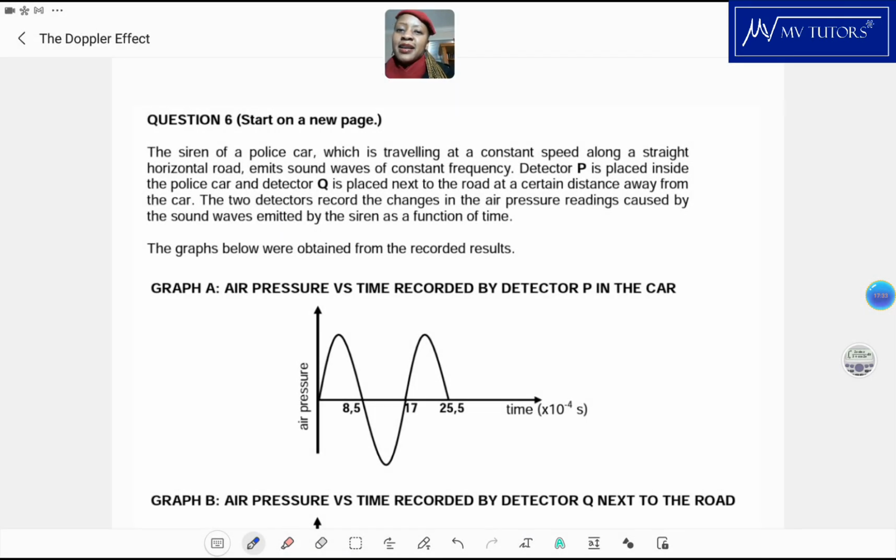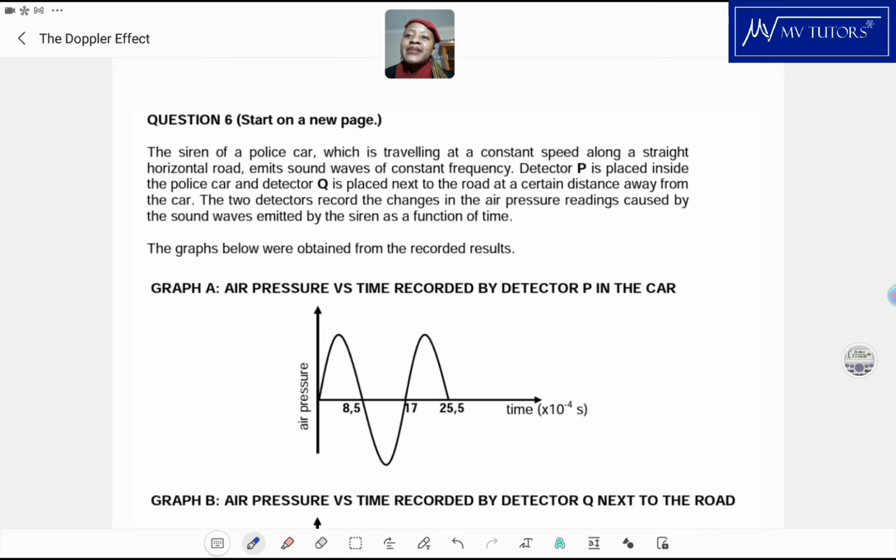All right. So both these questions, one is from 2018, one is from 2019. I forgot which is which. But it doesn't matter as long as you get the questions. All right, so the siren of a police car, which is traveling at a constant speed along a straight horizontal road, emits sound waves at constant frequency.